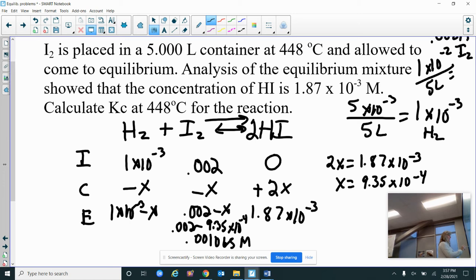And same thing here, I can take 1 times 10 to the minus third minus 9.35 times 10 to the minus fourth.